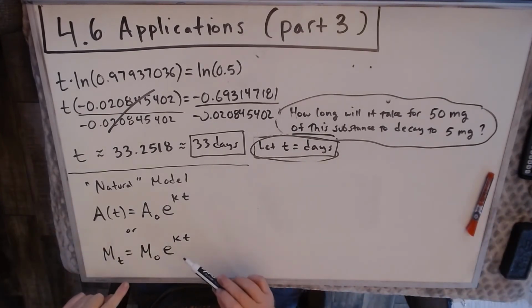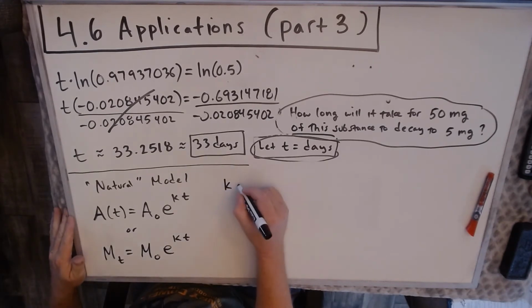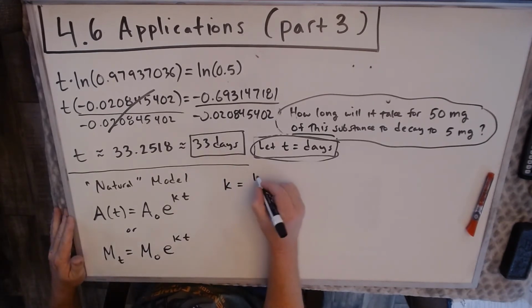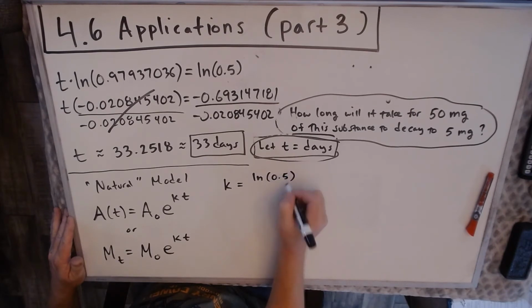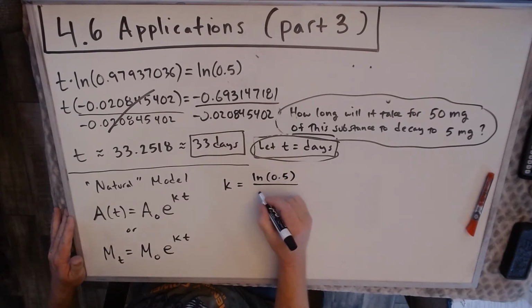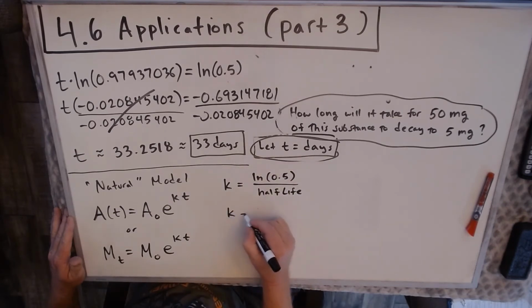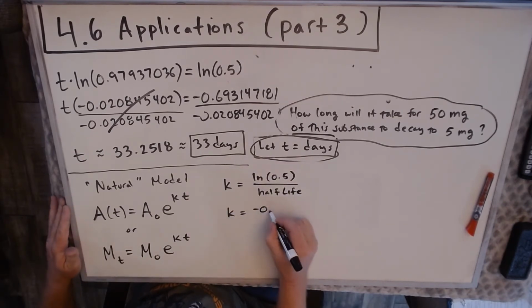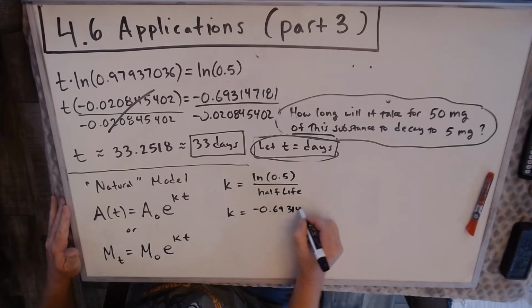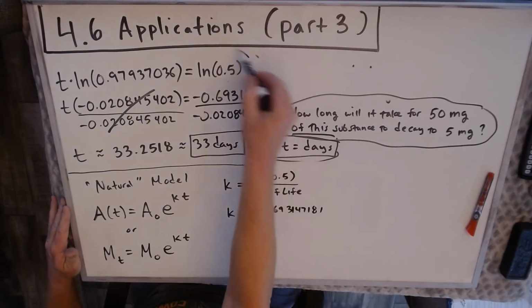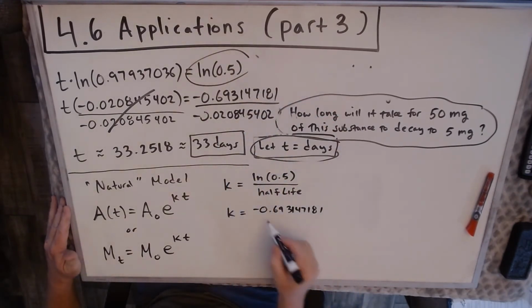Okay, so remember, k is the continuous growth constant. That will be ln of a half divided by the half-life. So k is negative 0.693147181. That's the ln of a half. I don't have to do it again. We already know it.